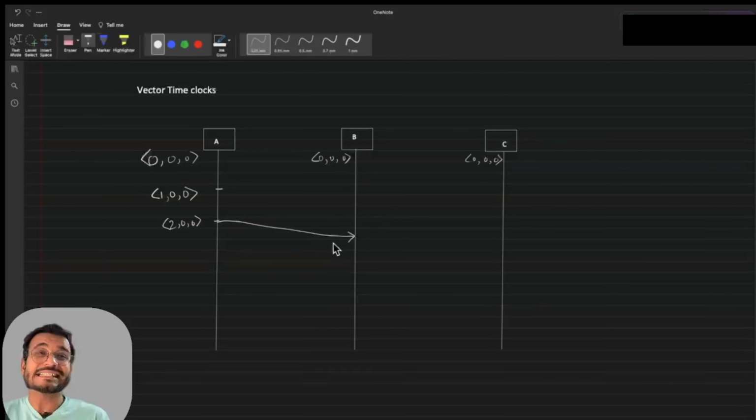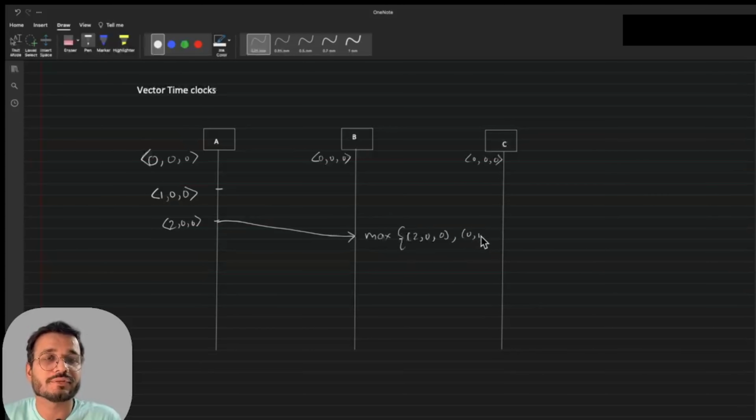Now server B is the receiving end. We need to compare the vectors of both servers. So in this case, we have got 2, 0, 0, and on server B, the counter is set to 0, 0, 0. We will take the maximum of each of the received values and the server's own values, and add 1 to the server's own index. So here we do max of 2, 0, 0 and 0, 0, 0.